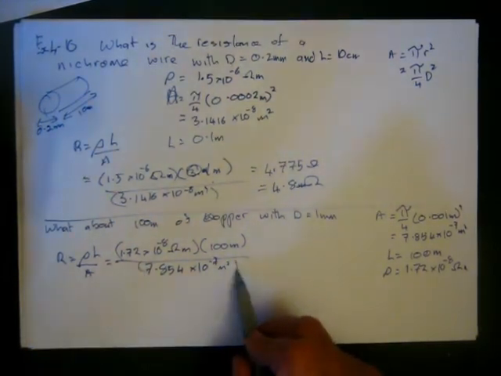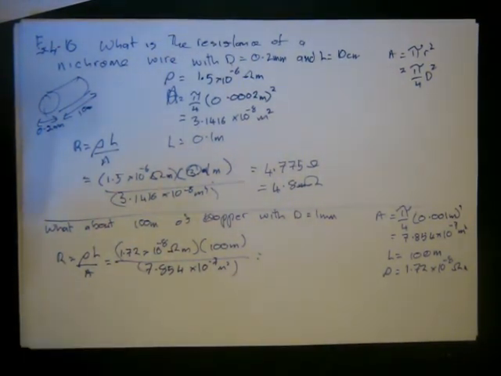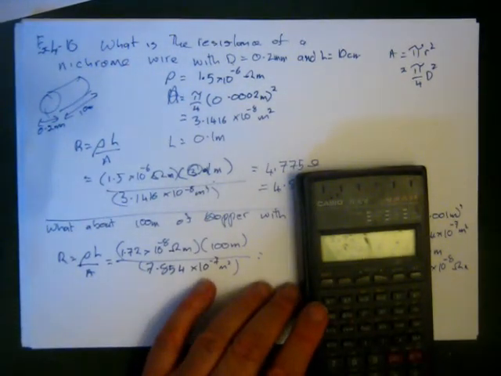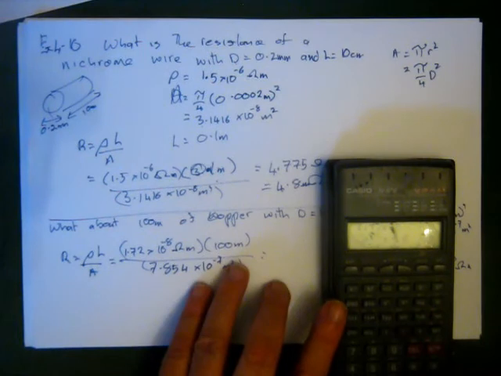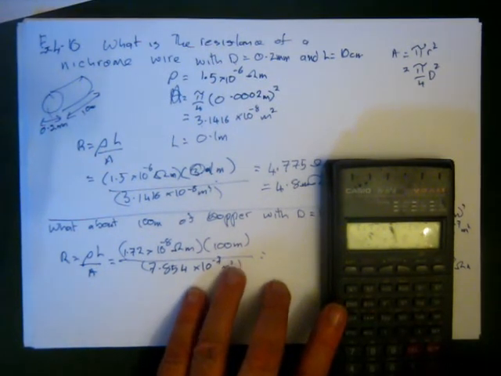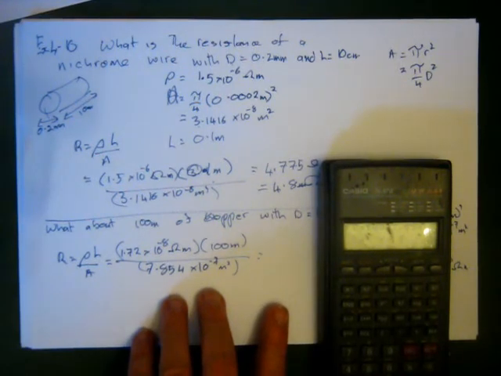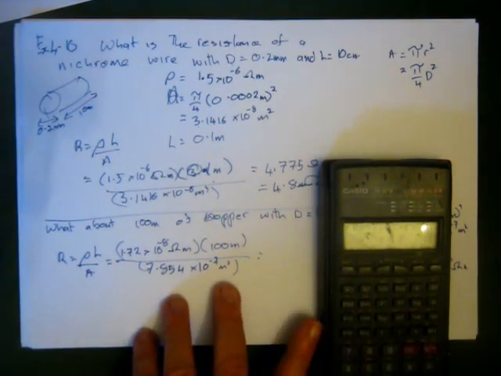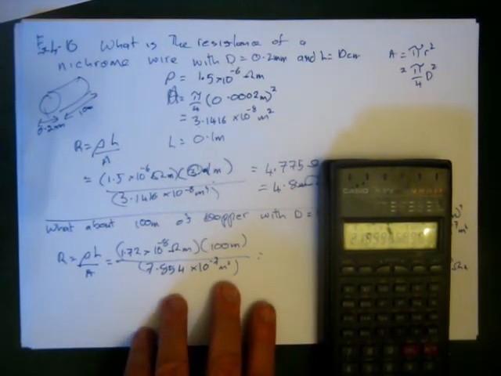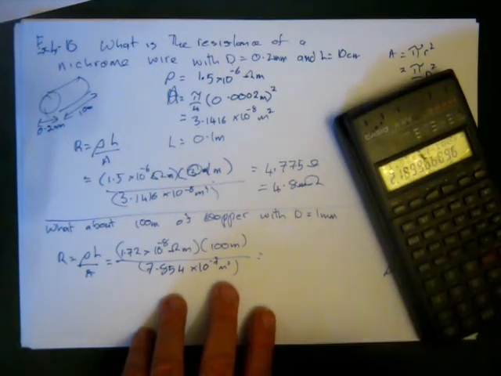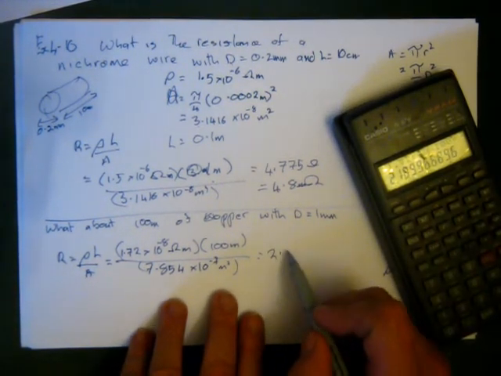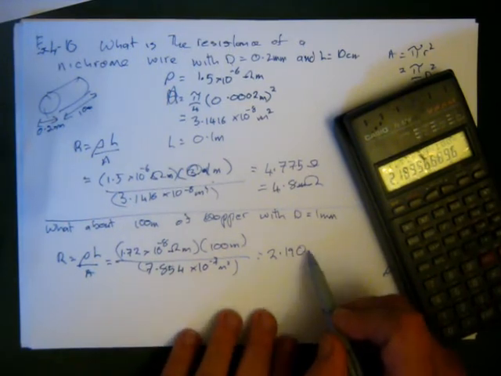So we stick that through the calculator. 1.72 x minus 8 times 100 divided by 7.854 x minus 7 equals, is that 2.19 ohms?